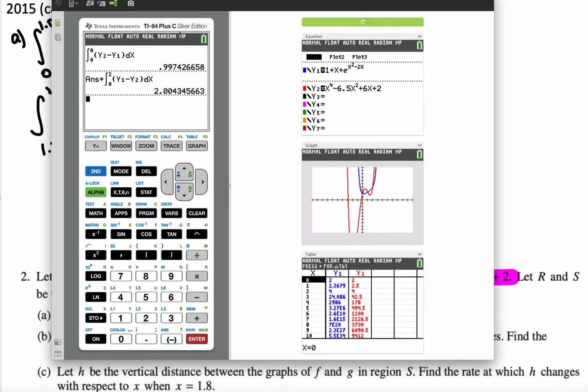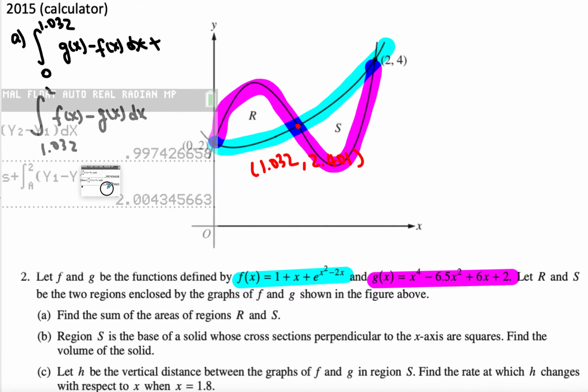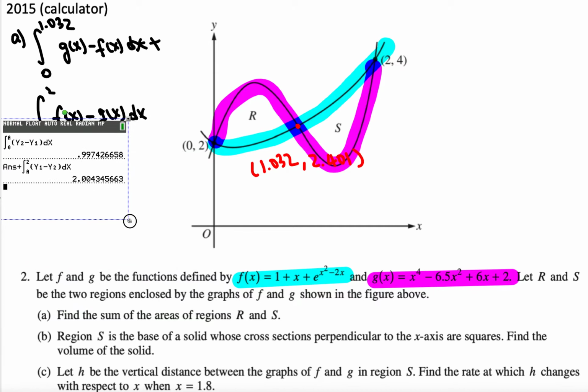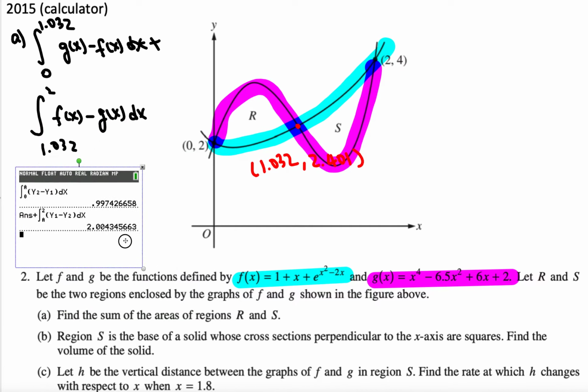So I just have to add up those two things together. Oh, this one already added them up, so I get 2.00. So my answer becomes 2.004. All right, so it wasn't that bad.